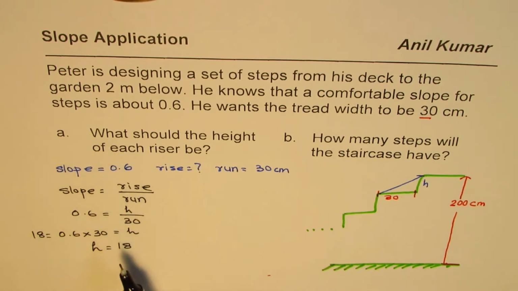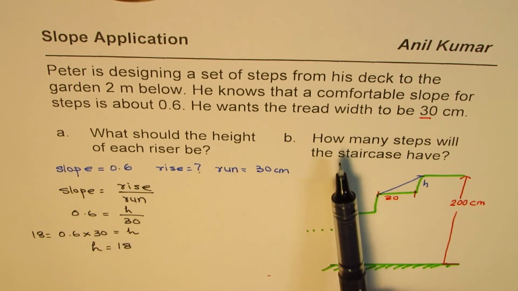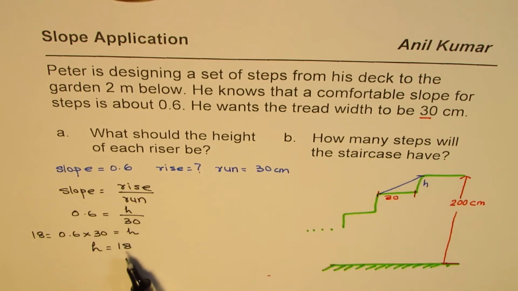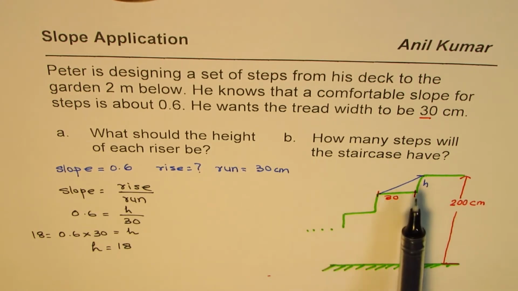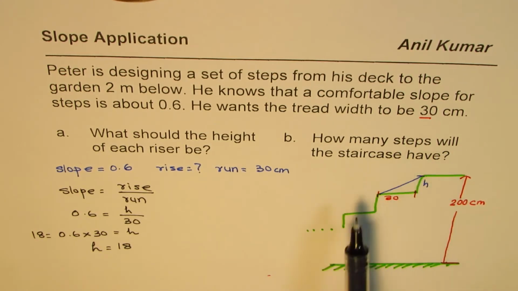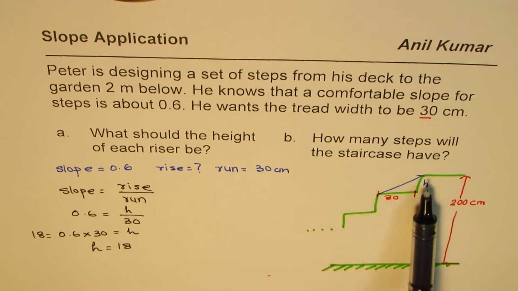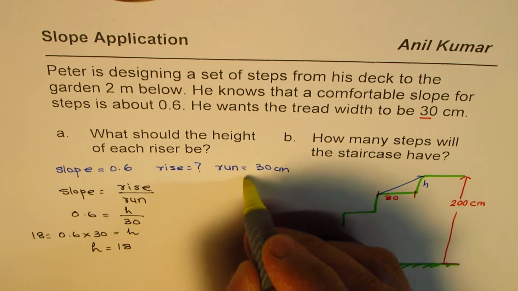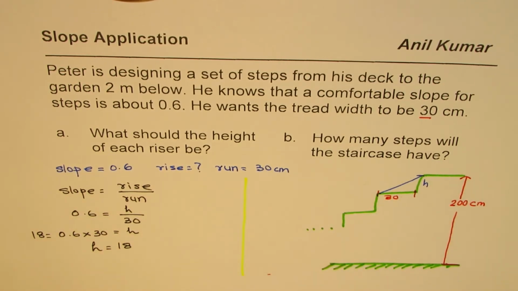Now that is based on this calculation. And here is part B. How many steps will the staircase have? Now if the height is 18 and the total height for us is 200 centimeters, then how many steps will there be?